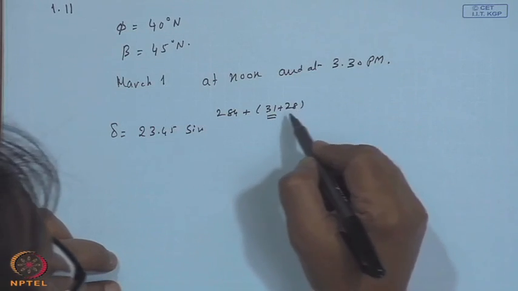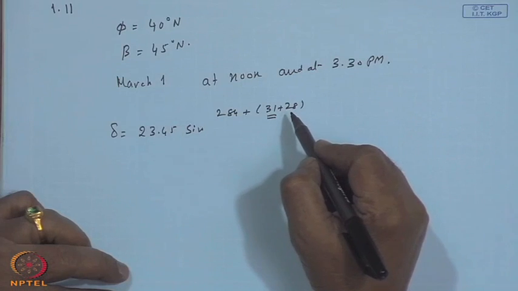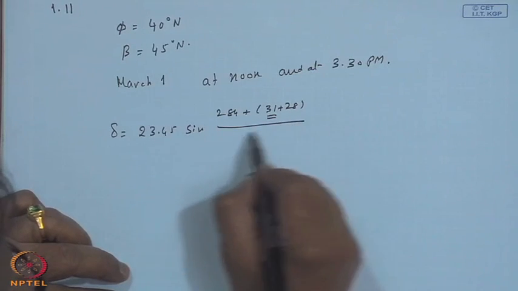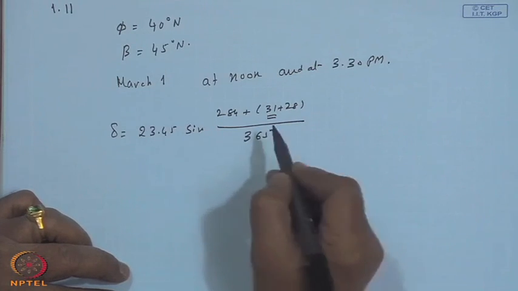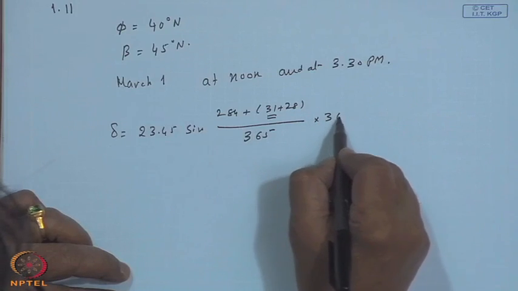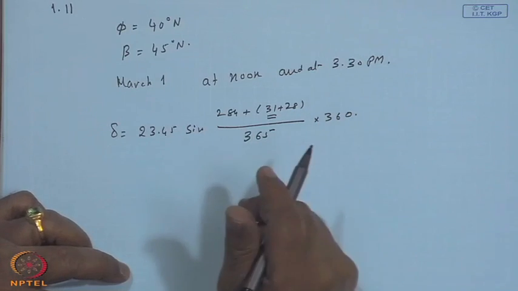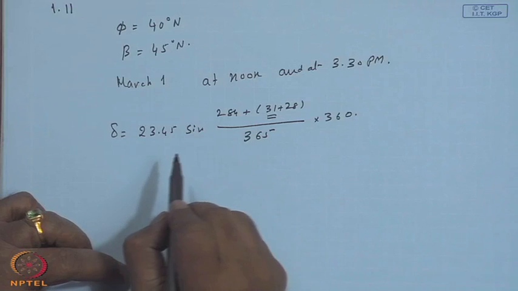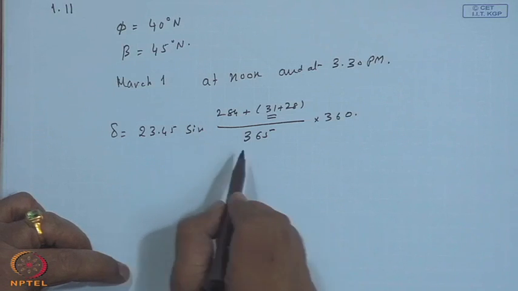I can even put 29, does not matter, upon 365 times 360. I think in the previous example I was forgetting this 284, but you can correct it.